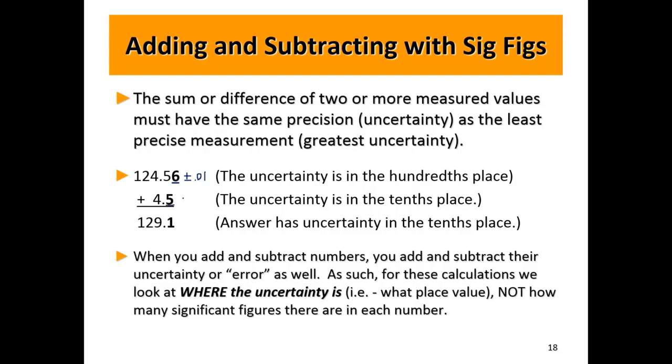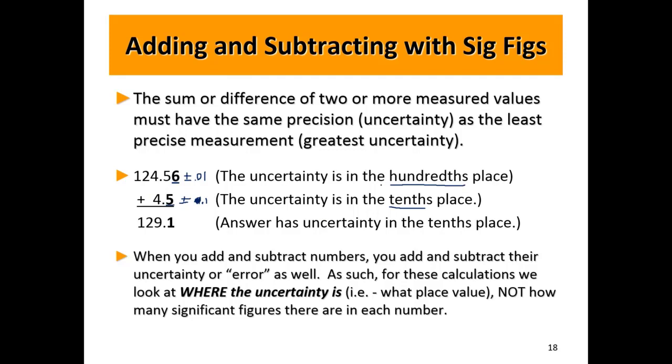The 5 is the last significant figure here, and it's in the tenths place. So this is plus or minus 0.1, if I just want to get rid of that 0 because it's not really necessary. So what's larger, a tenth or a hundredth? Which one is larger? A tenth.